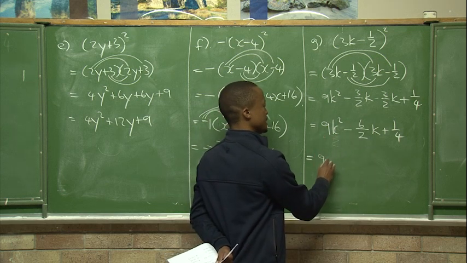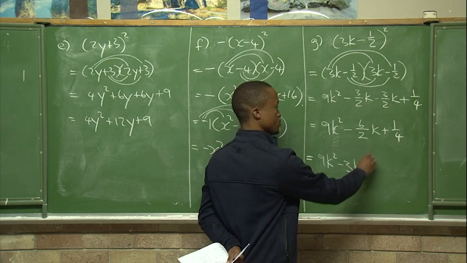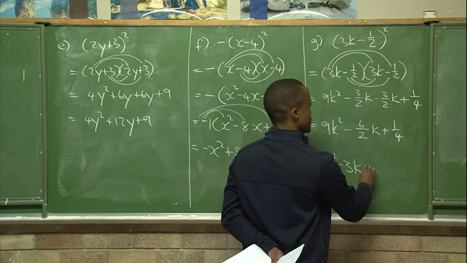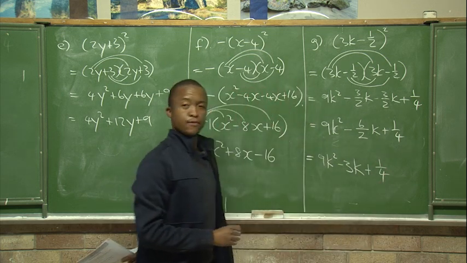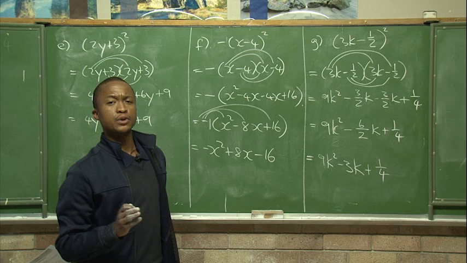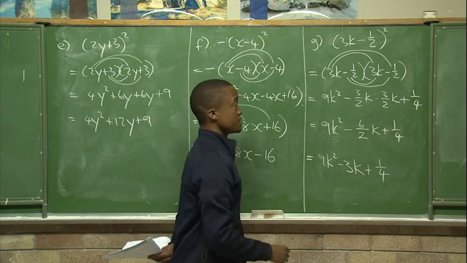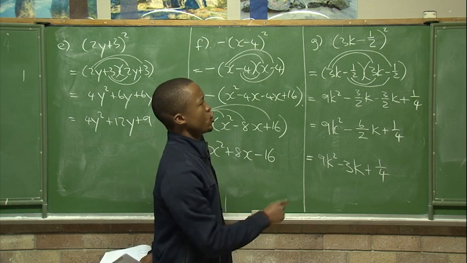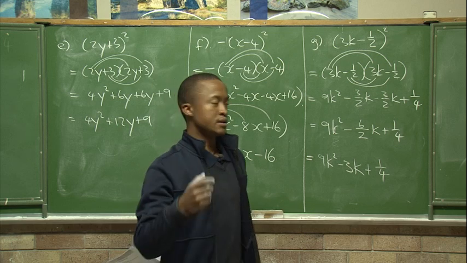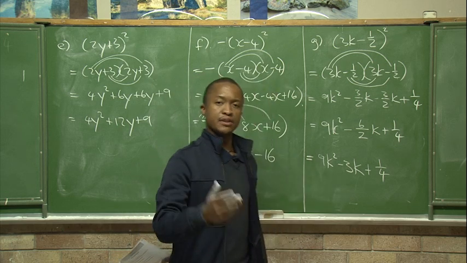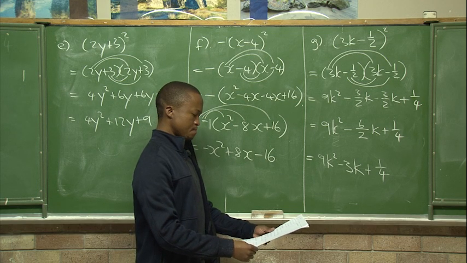So we'll have 9k squared minus 3k, with the factor of k still there, plus a quarter, plus 1/4. And by that, we have simplified our expression fully because there are no more like terms. Just because the question contains a fraction does not mean it is difficult. It will still be simplified provided that you apply the correct rules.